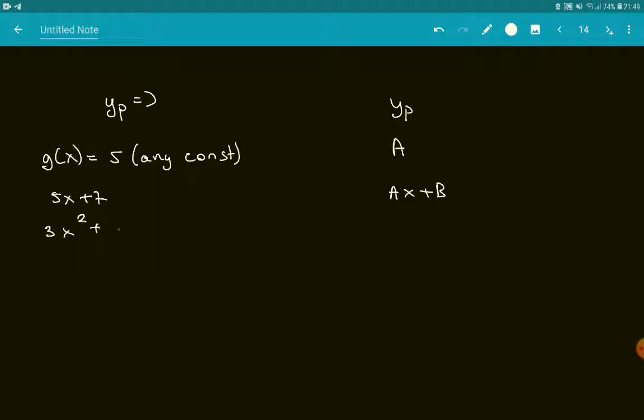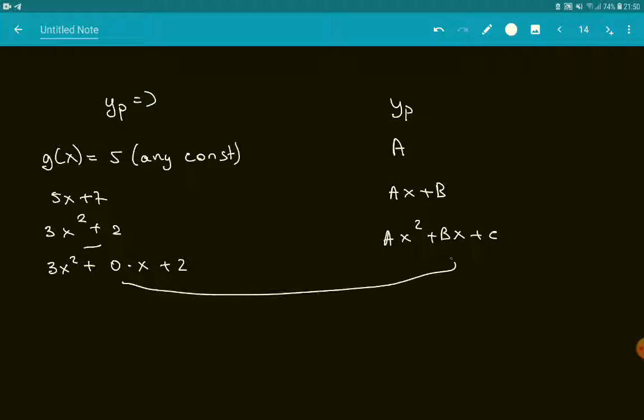3x squared plus 2, for example, will be Ax squared plus Bx plus C. Now take note that there is no x term, so it is basically the same thing as 3x squared plus 0 multiplied by x plus 2, but in the equation we still write this B. Let me give another example, 5x cubed plus 3.